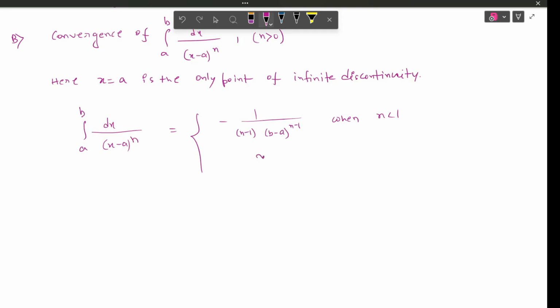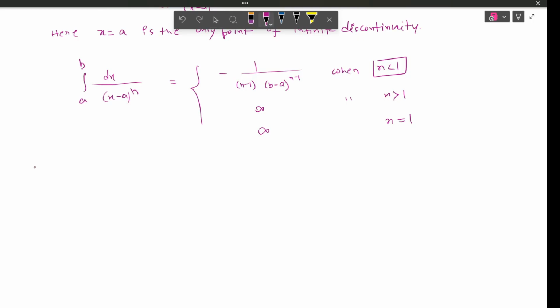This will give infinite when n is greater than 1, and this will give infinite when n equals 1. So you can say that for n greater than or equal to 1, it will give infinite, right? So this integral will only be convergent when n is less than 1. Remember this.